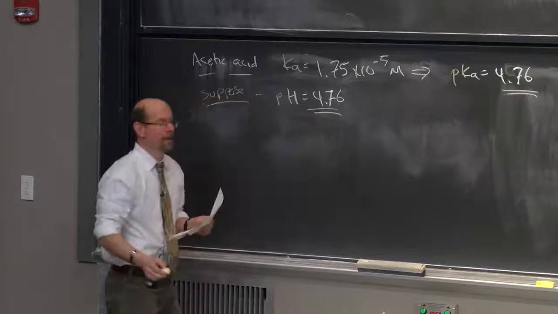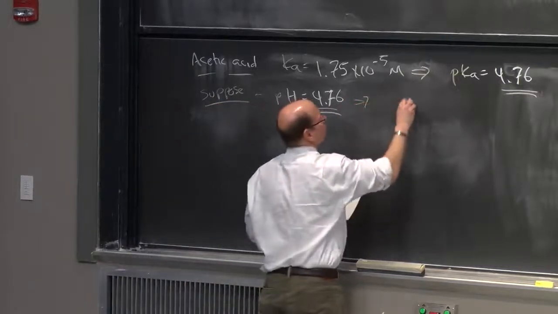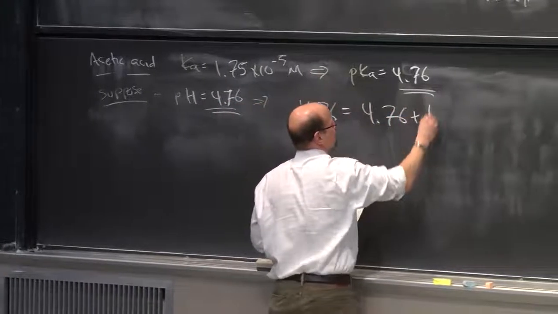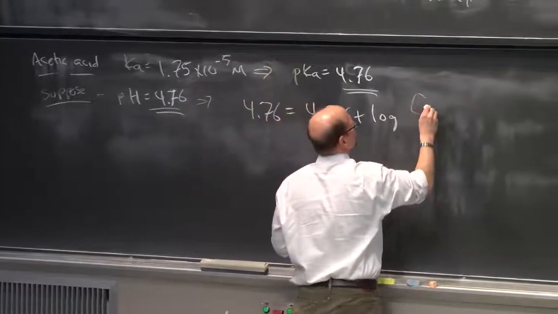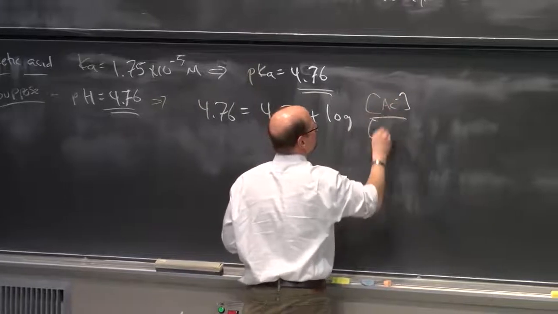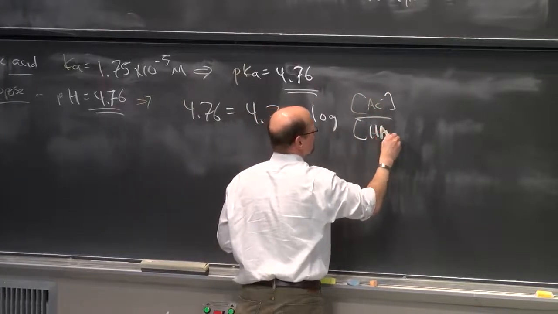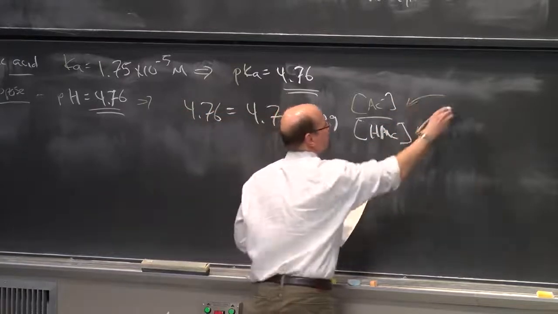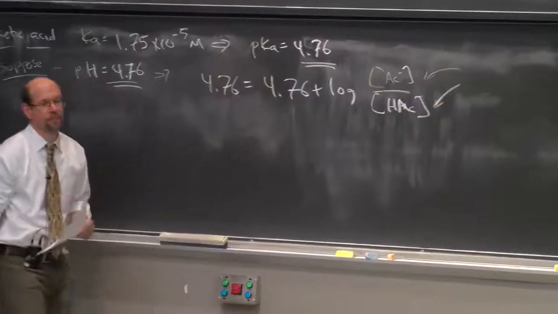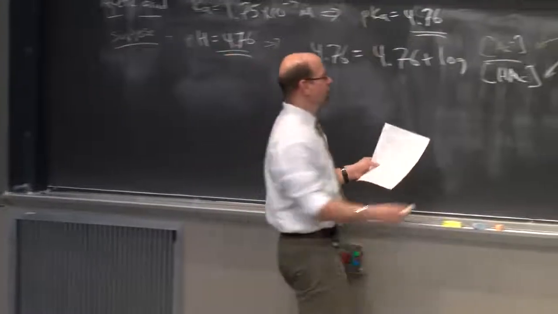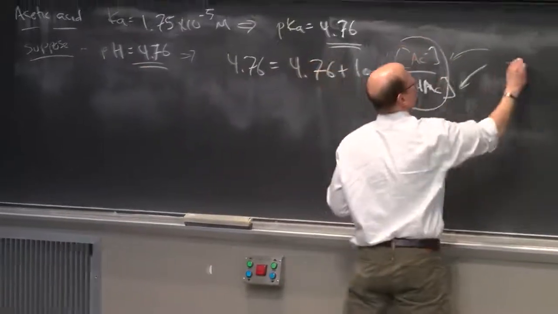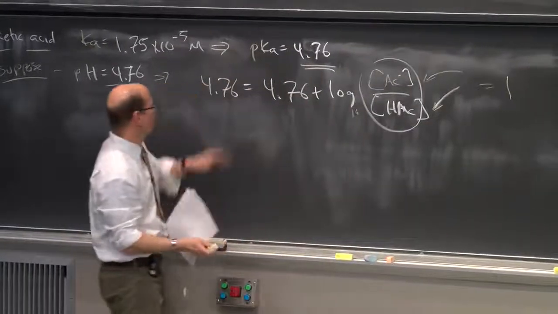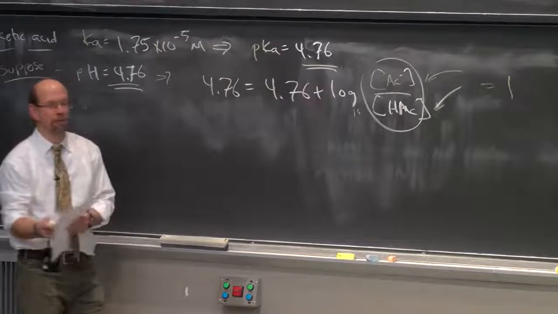What does that mean? Well, 4.76 is the pH, and that equals the pKa, 4.76, plus the logarithm of the acetate anion divided by the amount of undissociated acid. So what's the ratio of the conjugate base to acid here? 1, right? This ratio must equal 1, because the log to the base 10 of 1 is 0, and 4.76 plus 0 is 4.76.